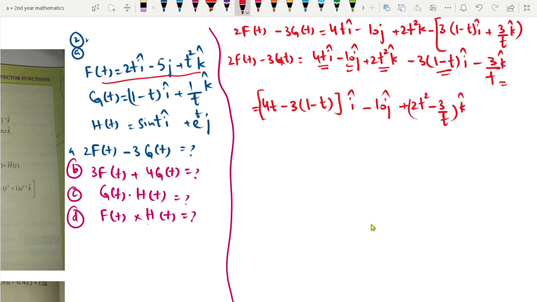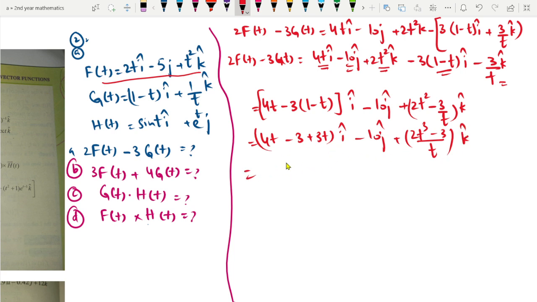So this is our answer. You may also simplify this as 4t minus 3 plus 3t i minus 10j, and 2t cube minus 3 k, so this will become t minus 3 i minus 10j plus 2t cube minus 3 divided by t k. So this is our answer.